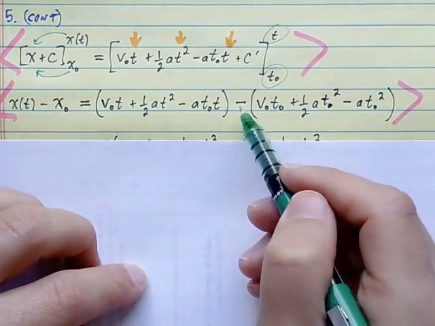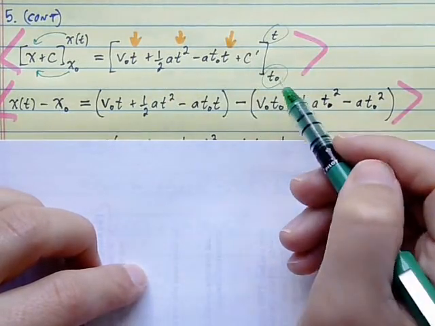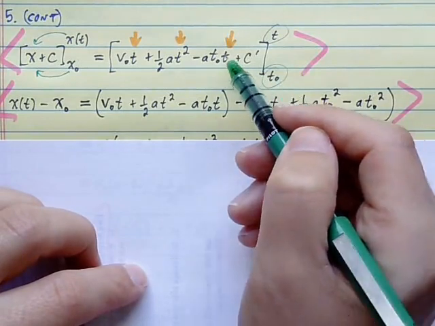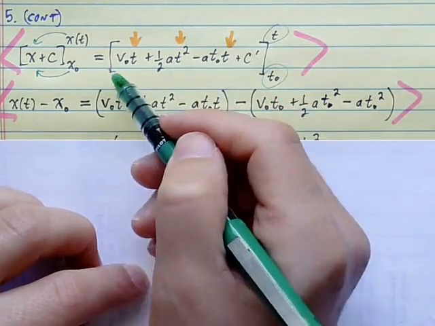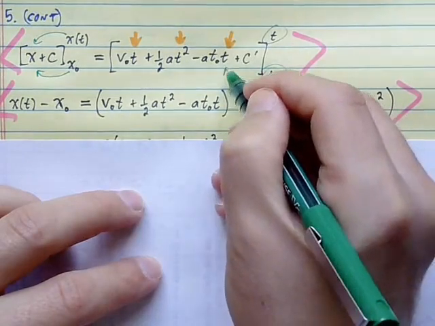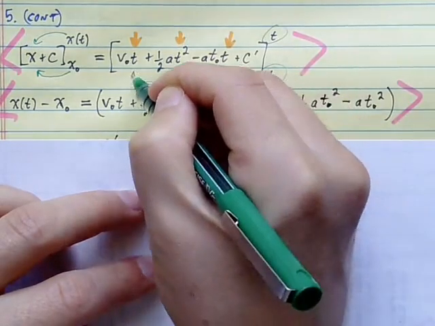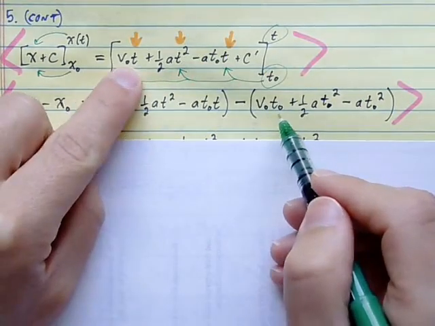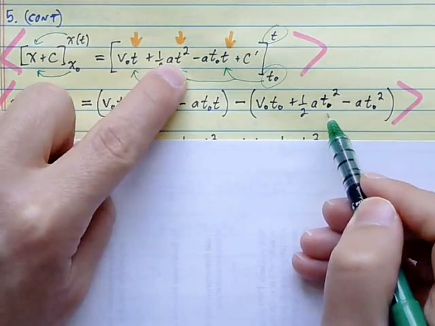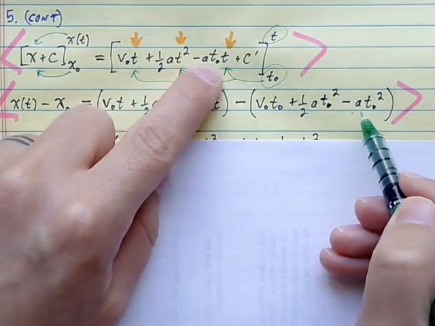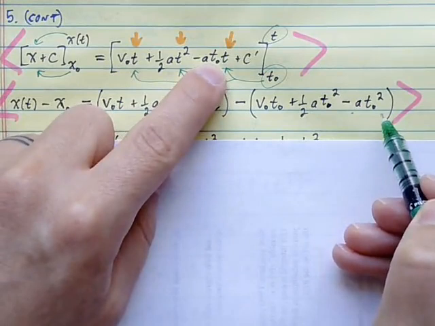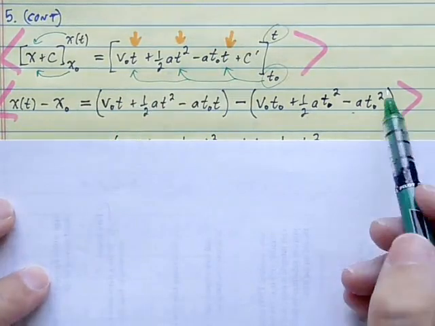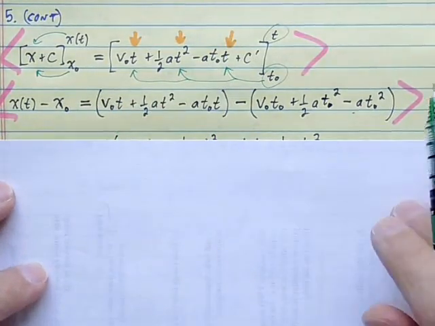Then minus the antiderivative evaluated with t naught going in for t, t, and t. So t naught is going in there, there, and there to give us this expression. V naught t naught plus 1/2 a t naught squared minus a t naught times t naught, so a t naught squared. So we've got some simplification to do on the right-hand side.